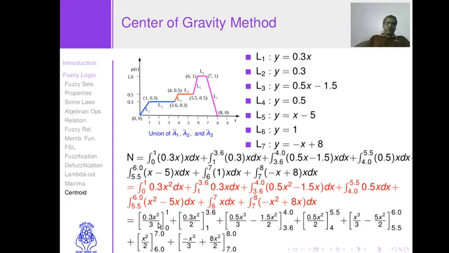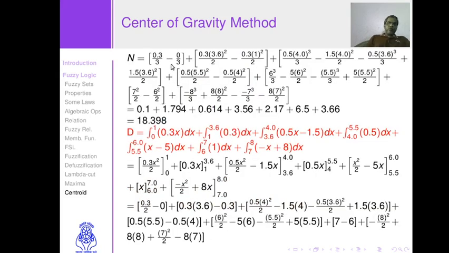It is written here. These are simple calculations, there is no need to explain them. After performing integration for all the terms we get this. Finally, if we elaborate and perform these calculations, we get a value of 18.398. So this is the value of the numerator in that equation.